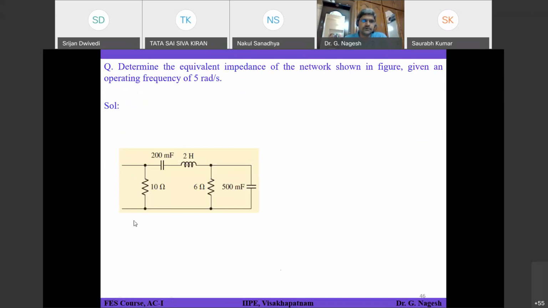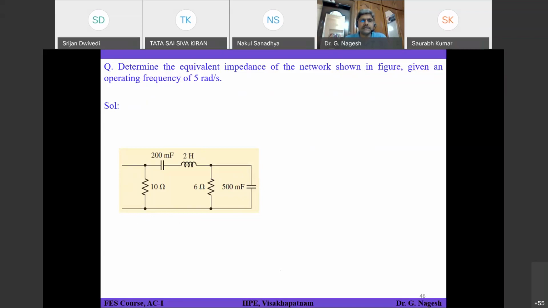What do you have to do first? First you have to convert this. This is a time domain circuit, and you have to convert it into the equivalent frequency domain circuit. That means there should not be any L; you can have inductive reactance, j omega L. There should not be any capacitance; you can have capacitive reactance. So Xc or XL should be there in your circuit, and resistors can be there.